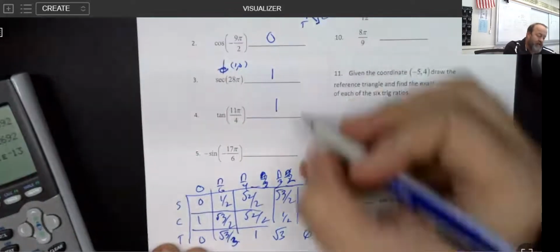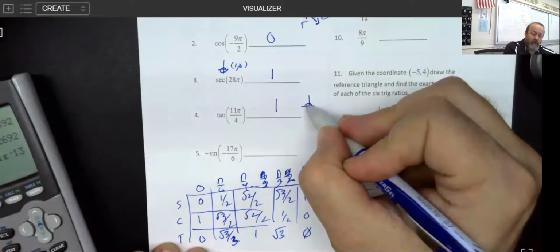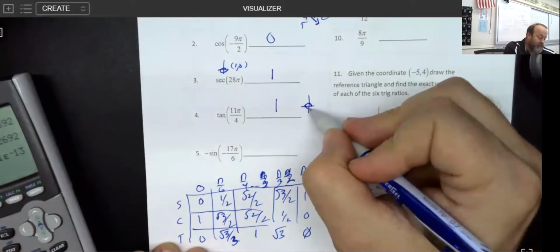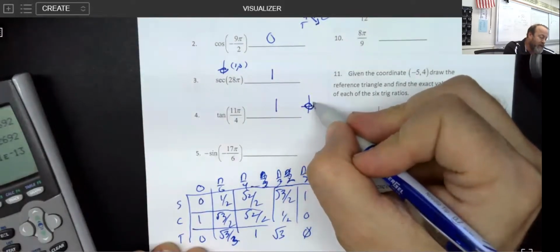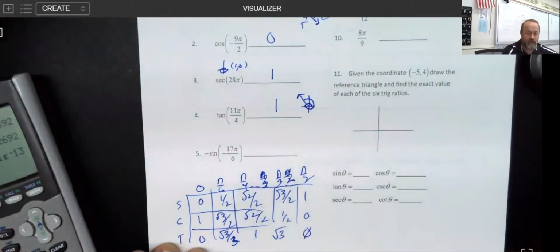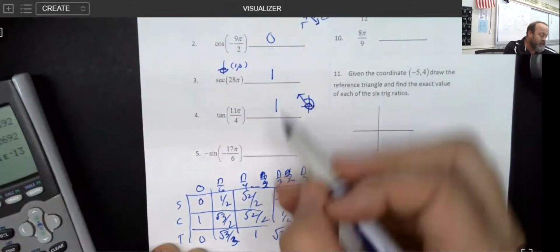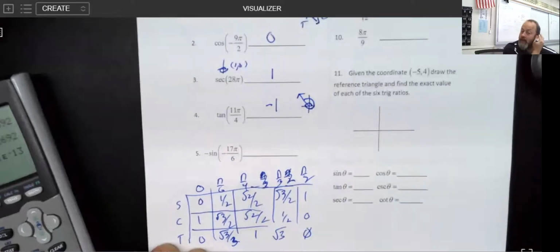And I just have to think that this would be, again, we're going to count by 4s. So this would be 4 pi over 4. This would be 8 pi over 4. I didn't quite make it to 12 pi over 4. So I stopped in the third quadrant, just shy of 12. So ASTC, it's not in the tangent quadrant, so therefore we're going to assign that a negative.